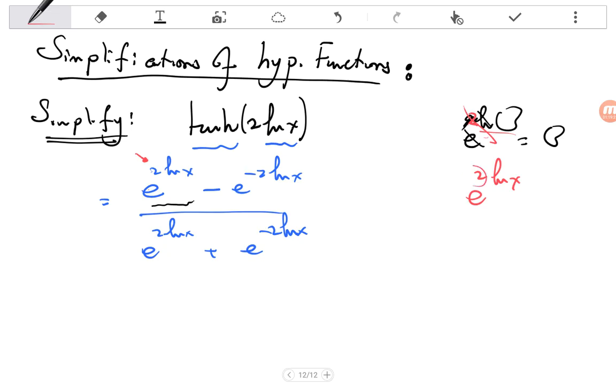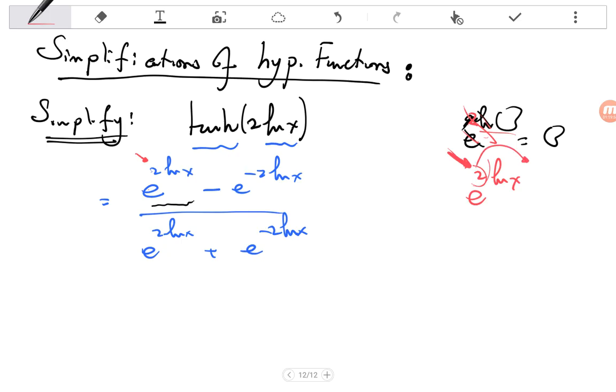Do you have any ideas how I would simplify this expression? Can I just get rid of this 2 that is an obstacle on my way to simplify the e with the ln? Do I know any of the properties of the ln that makes me manage to get rid of this 2?